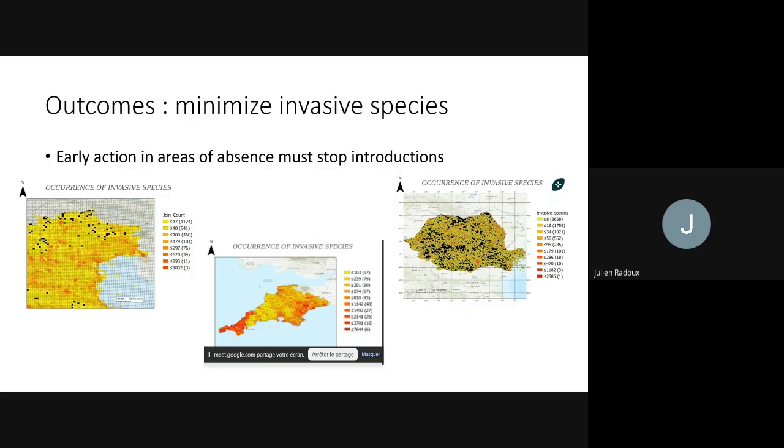So you will do one thing that is good, but you will also have some negative impacts. So in those areas where you have a very low percentage of invasive species, it's very important to detect them as soon as possible and to destroy them before it's too late.